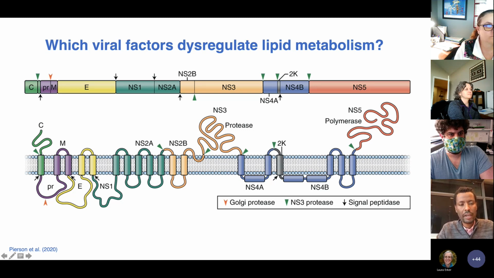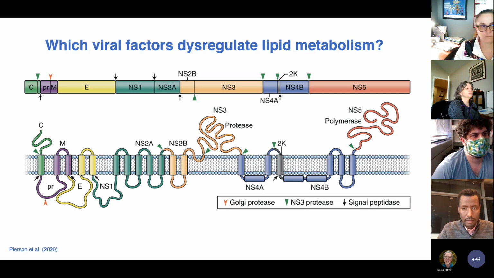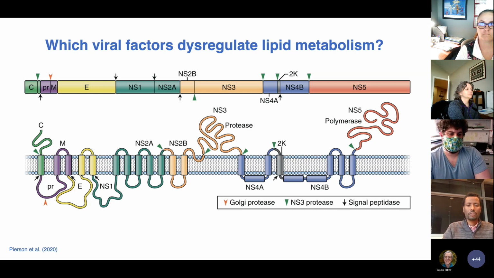So just to remind you that Zika virus is a positive sense RNA, and it has around 11 kilobases per genome size, and it has a total of 10 proteins, 3 structural, which are the capsid, membrane, and the envelope, and 7 non-structural proteins. Here in this picture, you see the NS1, NS2A, and so on.